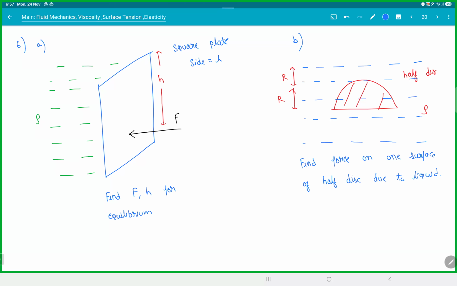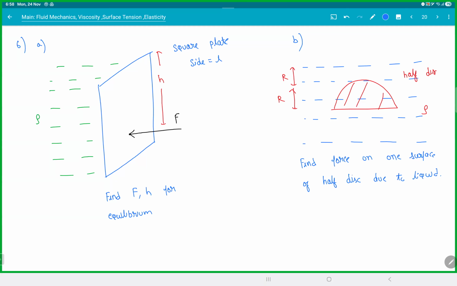How to do these two? If you just want force, life is easy.